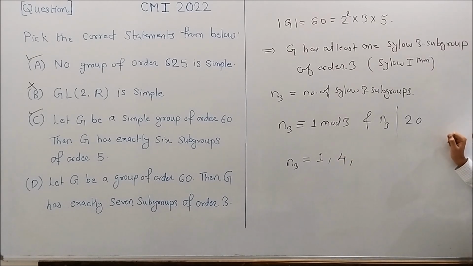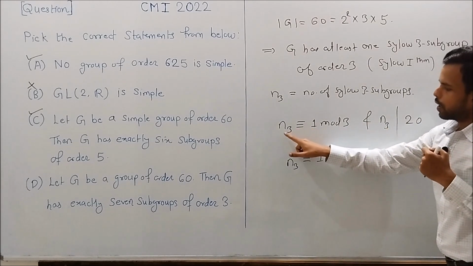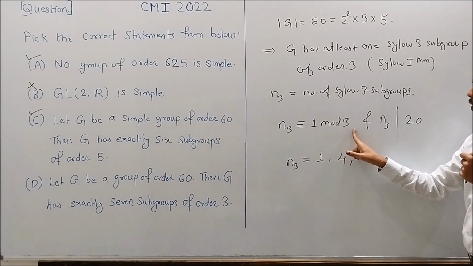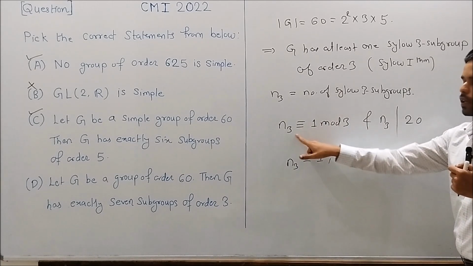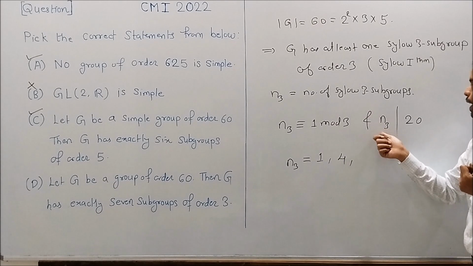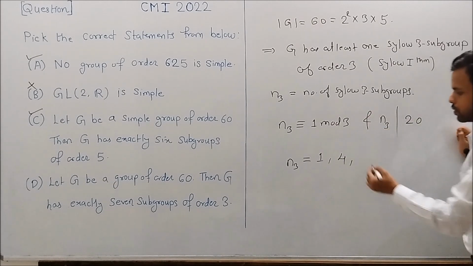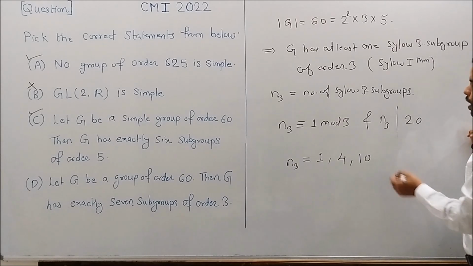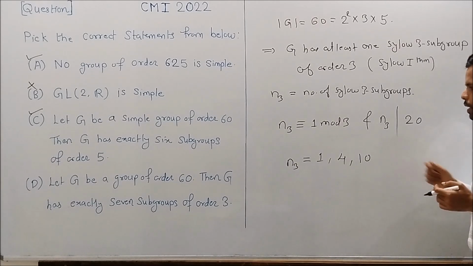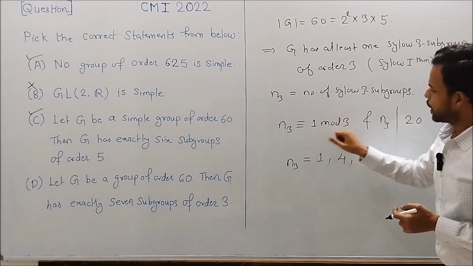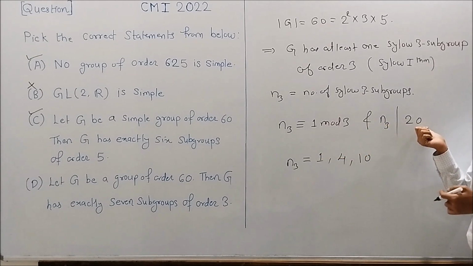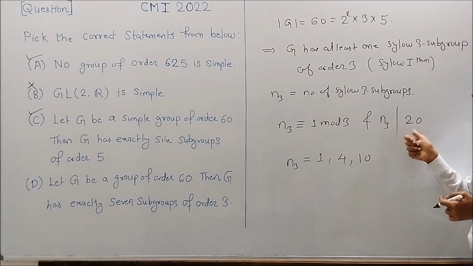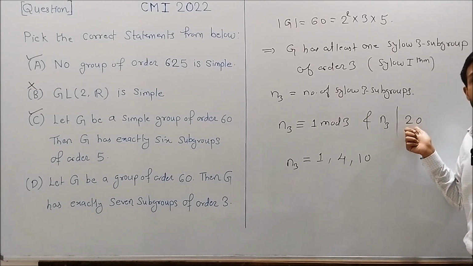And 10 is congruent to 1 mod 3, because 3 divides 10 minus 1, and 10 divides 20 as well. So another possibility is 10, and you can verify that there are no other possibilities. For example, the next number greater than 10 which divides 20 is 20 itself.